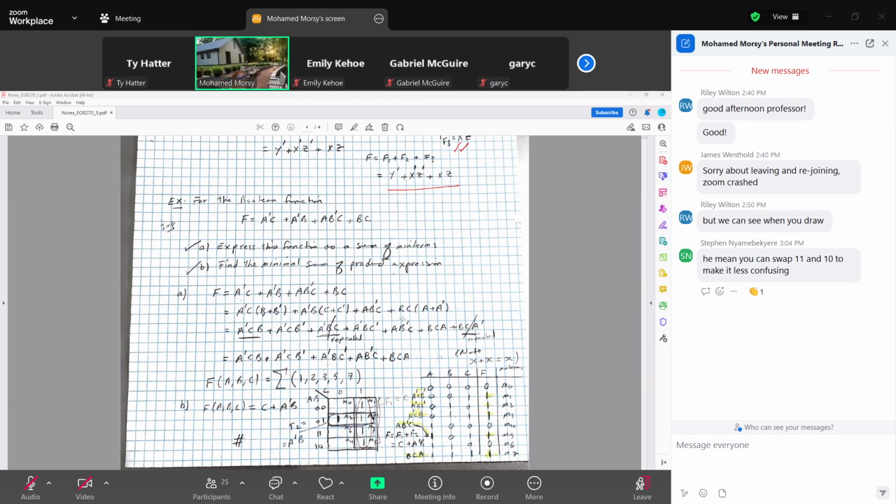Now, to draw the truth table from this expression here, can we do that directly? Or is something missing in this expression that we need to complete first?